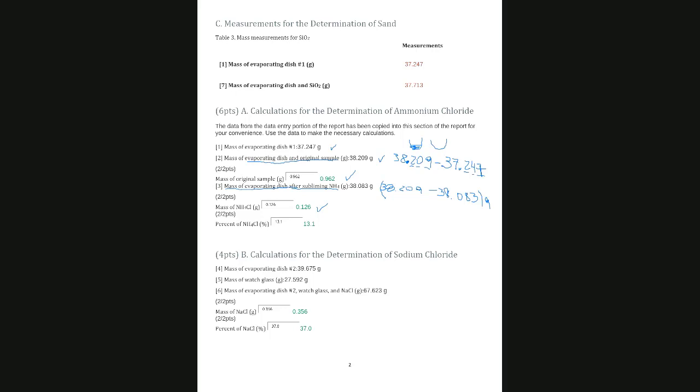Then it's going to ask you the percentage of ammonium chloride, always using the same formula. The percentage of ammonium chloride is going to be the mass of ammonium chloride, which is this one, the mass that you recover, times 100, divided by what?